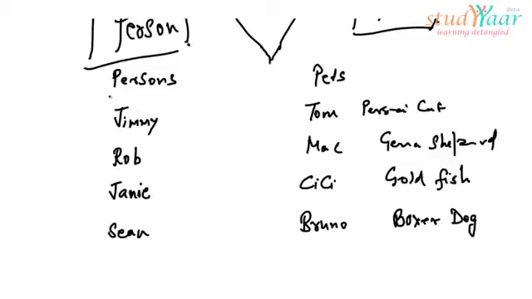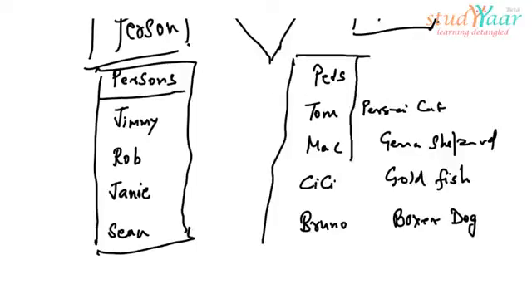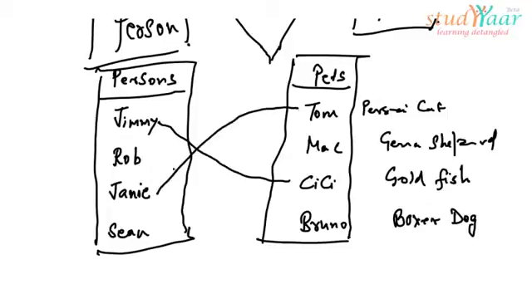So let's keep it like this. These are the persons and these are the pets. So I say Jimmy owns Cece, Janie owns Tom, and Rob owns Bruno.